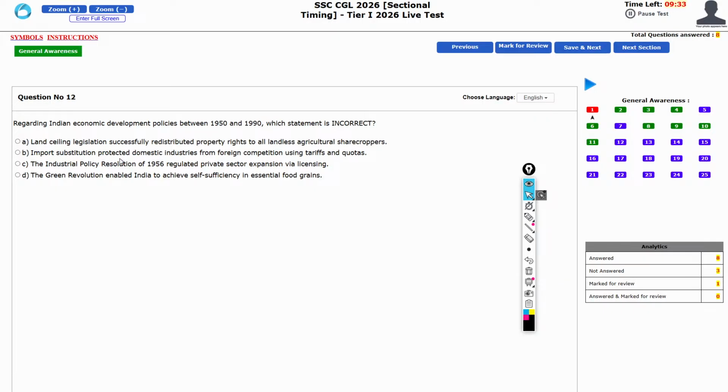Import substitution protected domestic industries from foreign competition. Yes, true. Industrial Policy Resolution in 1956 regulated private sector expansion via licensing. True. The green revolution enabled India to achieve self-sufficiency. So the first one is incorrect. I also have some land in my name. So I guess land ceiling successfully redistributed. It has not been able to redistribute everything to everyone.